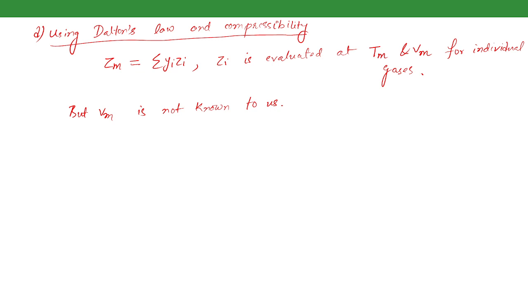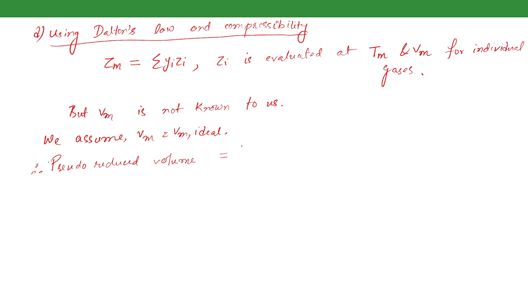So we assume Vm equals Vm ideal, and we calculate the pseudo reduced volume.